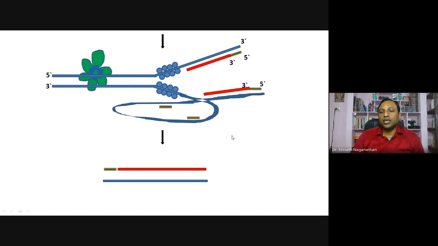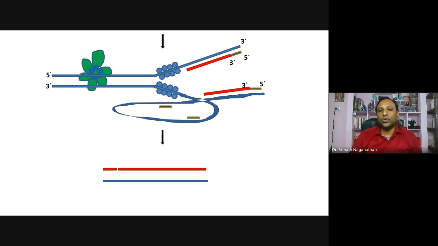Now since the strand has been synthesized, to remove the primer we have another enzyme here, and this enzyme is called RNase H. So this RNase H removes the RNA primer, and now it brings again the polymerase, and the polymerase again synthesizes the DNA strand.